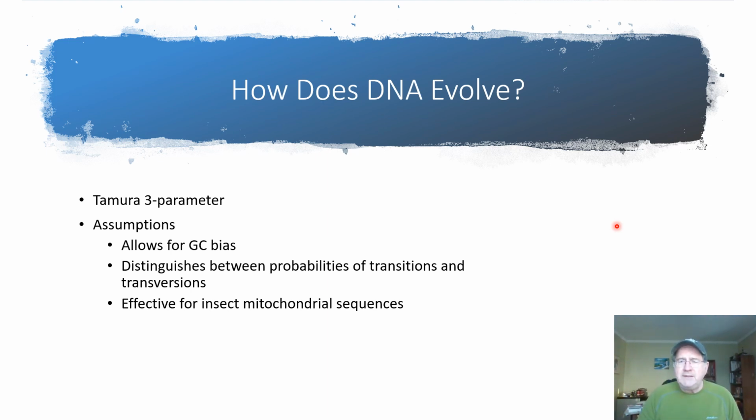But when you look at the mitochondria, and especially in insects, you have a tremendous GC bias, that those nucleotides do not occur anywhere near the same frequency. So the Tamura 3-parameter model allows you to do that. So it's been used a lot for insect mitochondrial sequences.